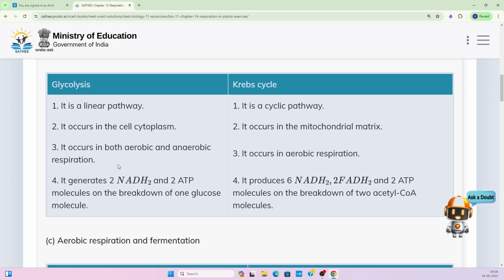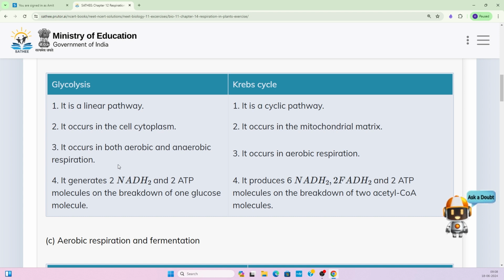The end product, pyruvic acid, is common whether it is aerobic or anaerobic. The Krebs cycle occurs only in aerobic respiration, not in anaerobic respiration.